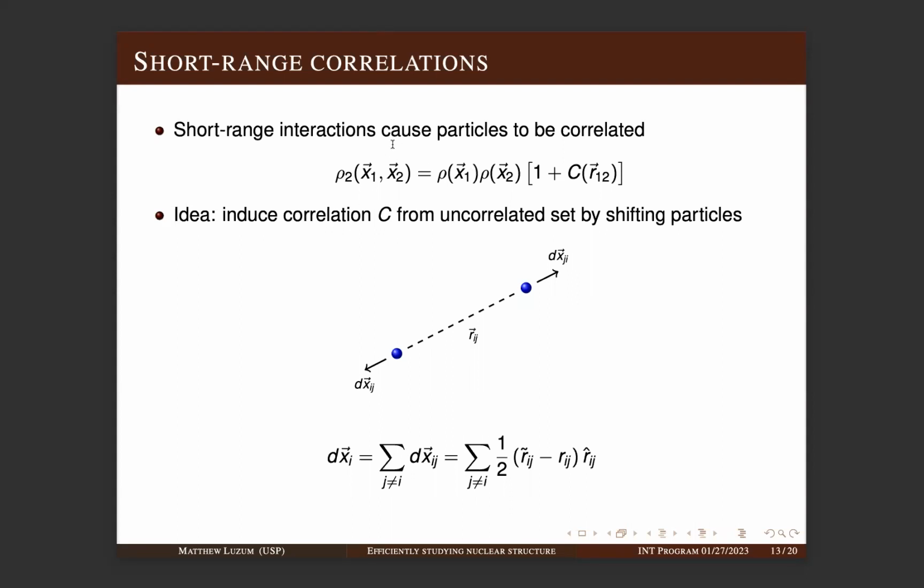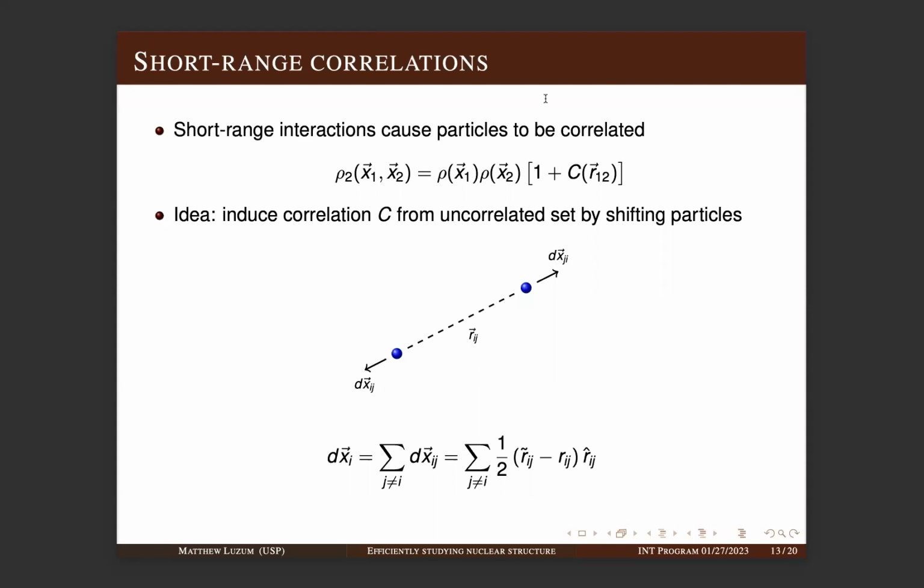If the two particle distribution just factorizes, then the correlation function is 0. So they're uncorrelated, which is what we had, but they can be correlated. What we want to do is induce some arbitrary short range correlation function by starting with an uncorrelated set and then shifting particles to end up with a set of particles that obey that two body distribution.